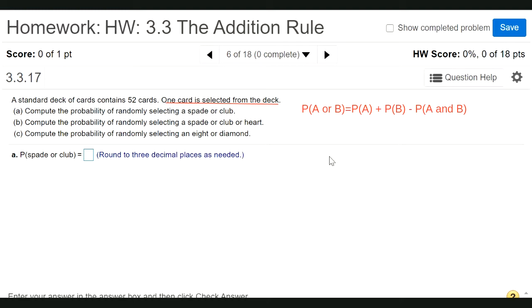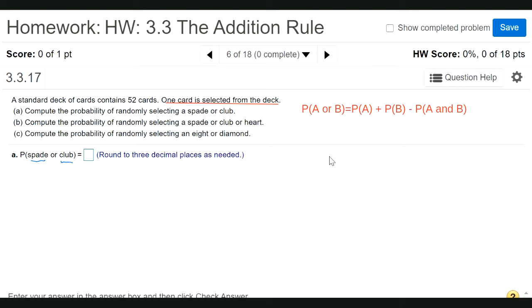So I want you to look at this very first question. It says, find the probability of drawing a spade or a club. Remember, we're drawing one card from the deck. We want to know the probability that the one card is a spade or a club.